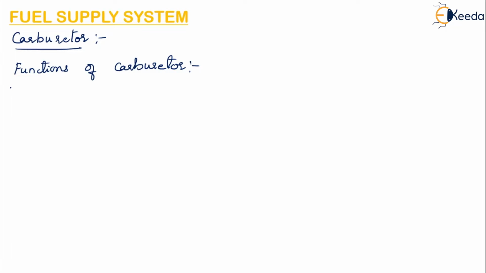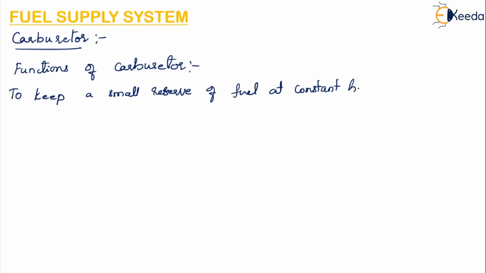The main functions are: the carburetor keeps a small reserve of fuel at constant head. Then it vaporizes the fuel to prepare a homogeneous air fuel mixture.